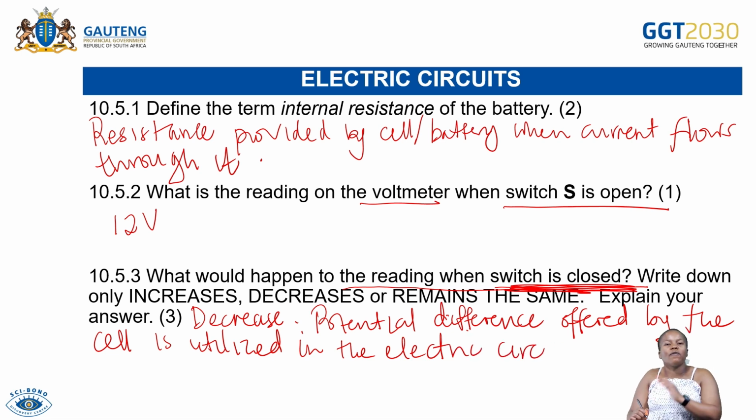So there will be lost volts, because now current is flowing and potential difference is being utilized. The EMF that is being offered into the electric circuit is being utilized in the electric circuit.